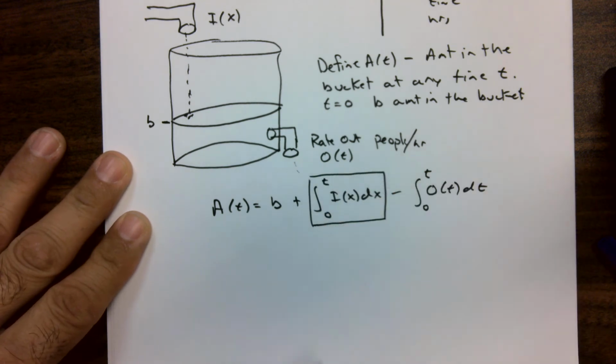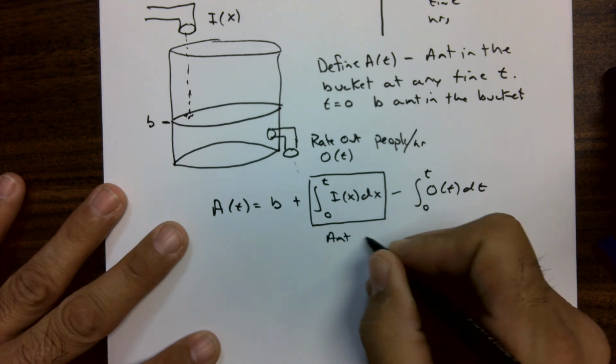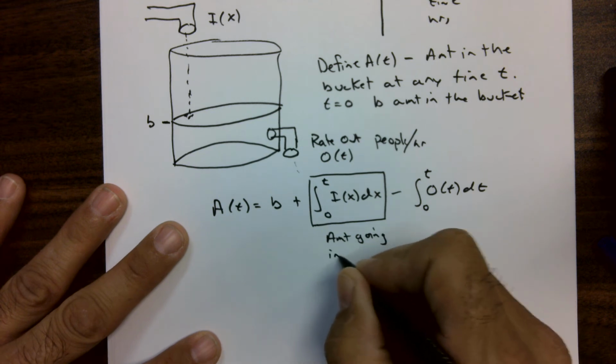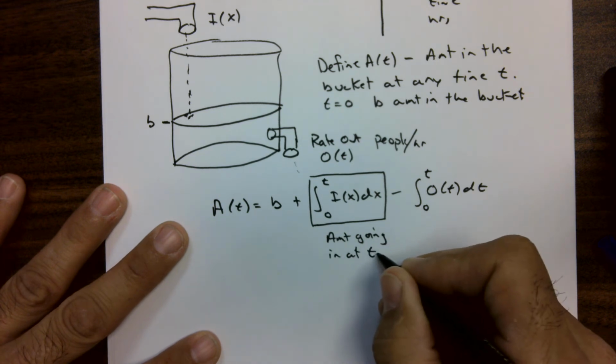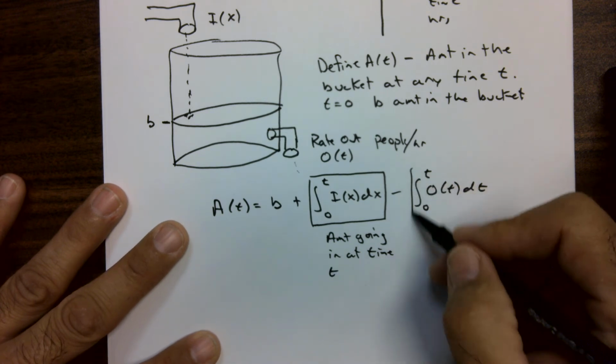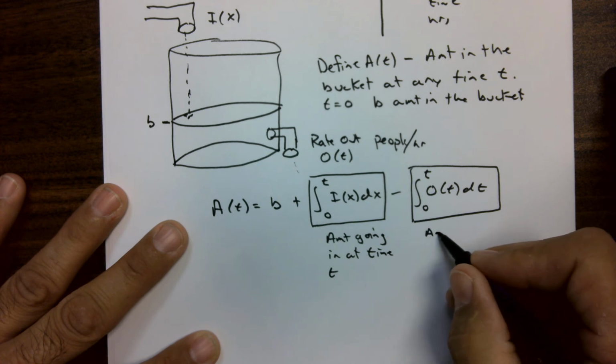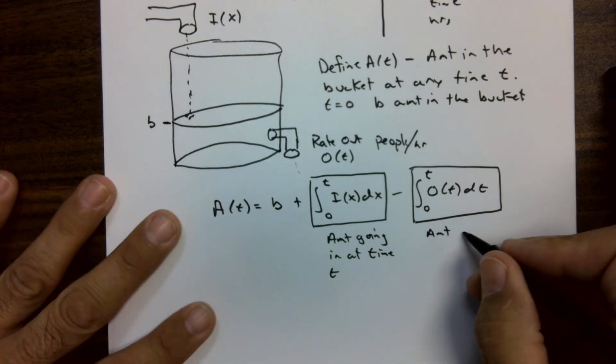This right here is the amount going in at time t. And this, what do you think this is? The amount, what?